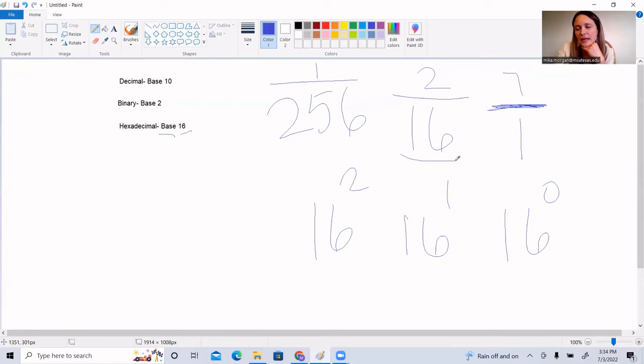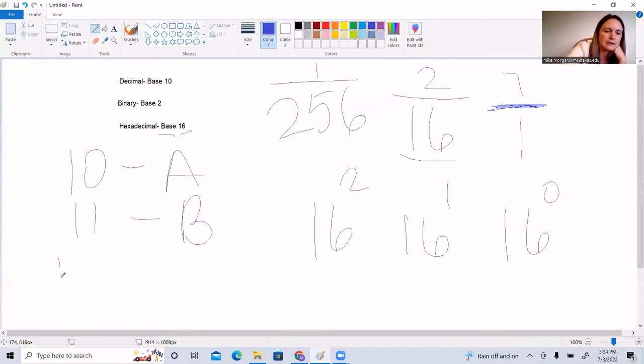And what people came up with is to use letters. We use letters of the alphabet. So if I want to represent a 10, I do that with an A. An 11 is a B. A 12 is a C. I need more room because I'm writing way too big here.